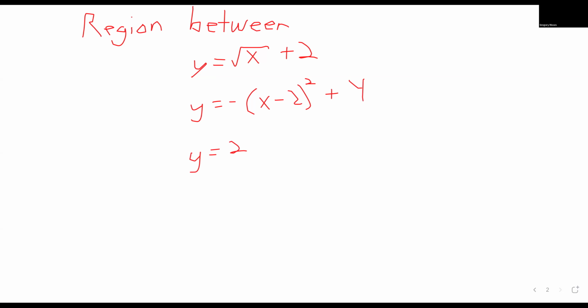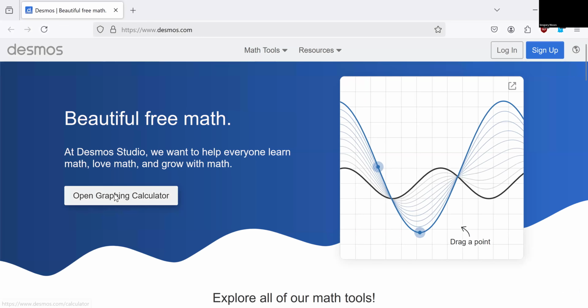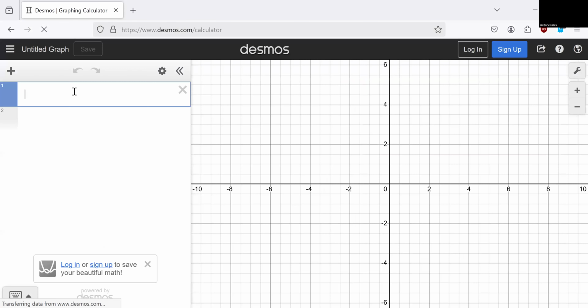The forever useful Desmos. Forever useful. I think that screen might be honking out on us.